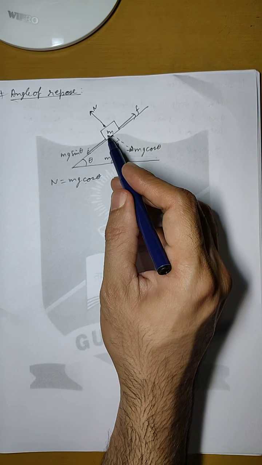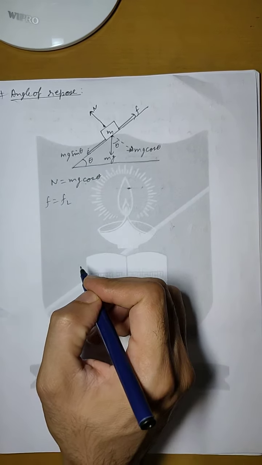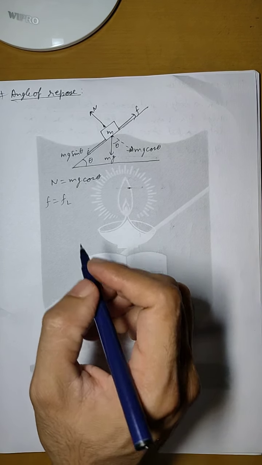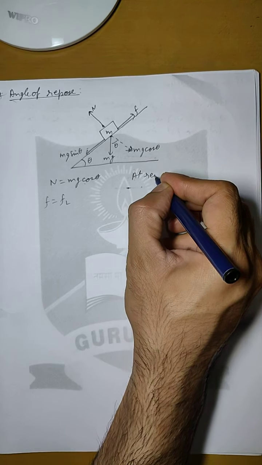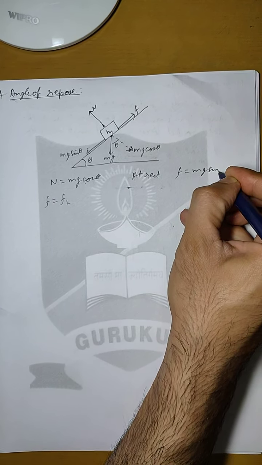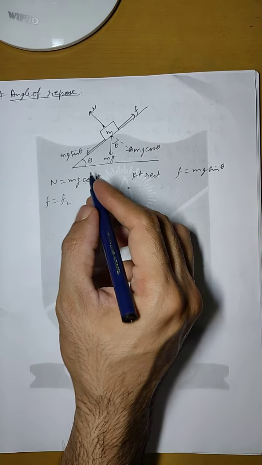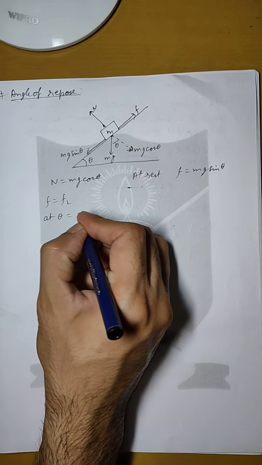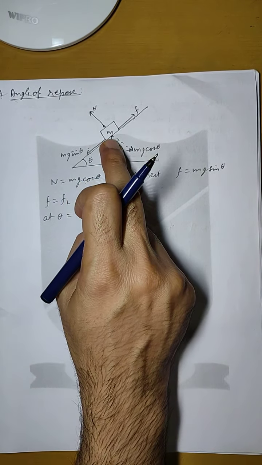And we know that mass will start sliding only when F becomes equal to limiting friction value. So that means we can say at rest F equals mg sin theta, and let us say that at some angle, theta r, the mass starts to slide.